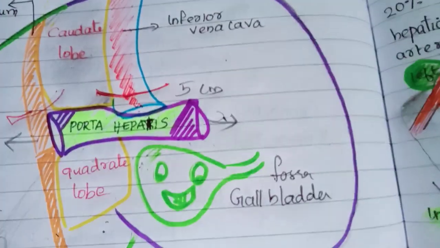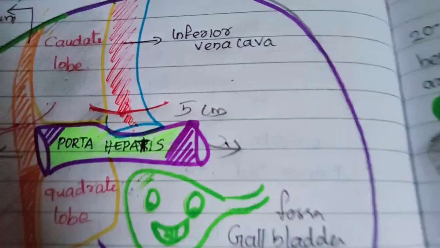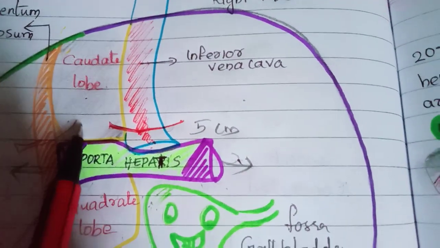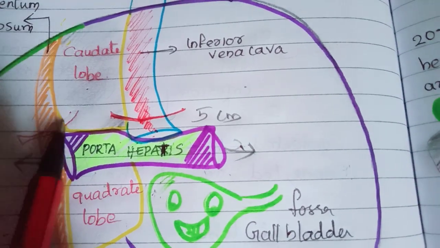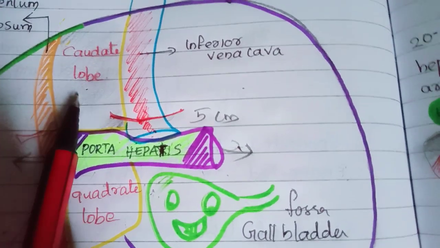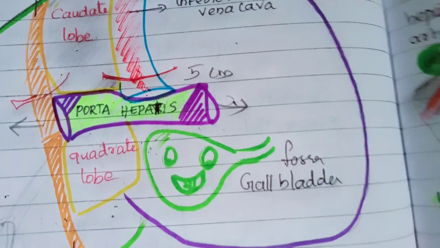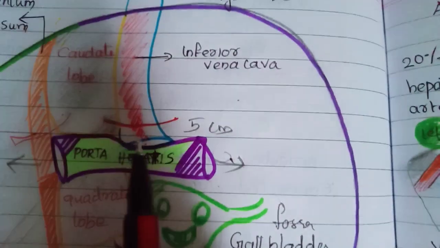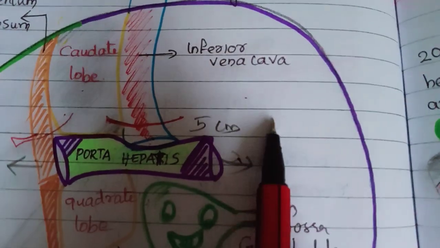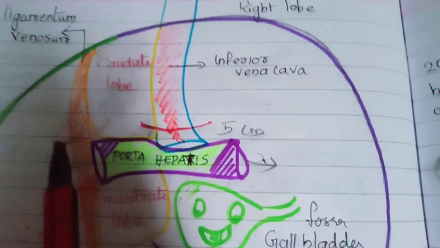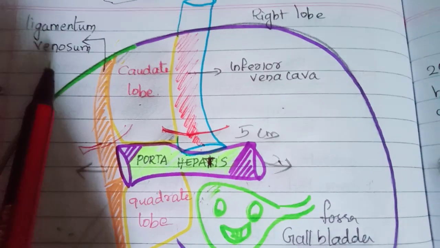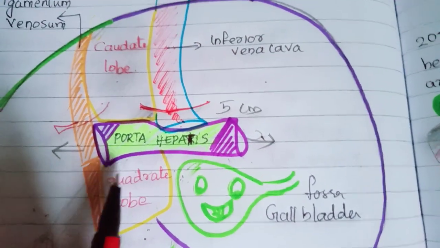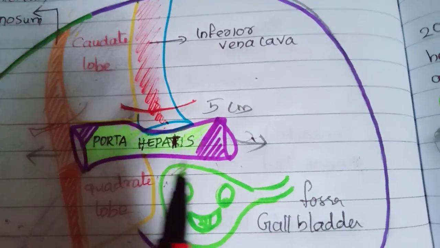The caudate lobe is situated at the posterior surface, bounded on the right side by the inferior vena cava, on the left side by the ligamentum venosum, and inferiorly by the porta hepatis.